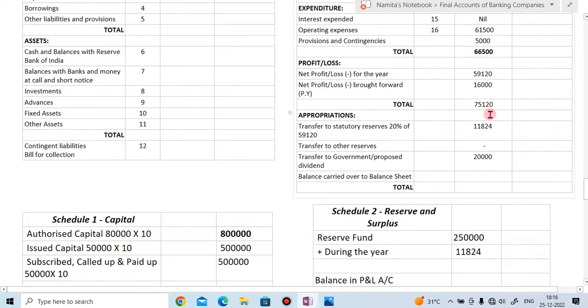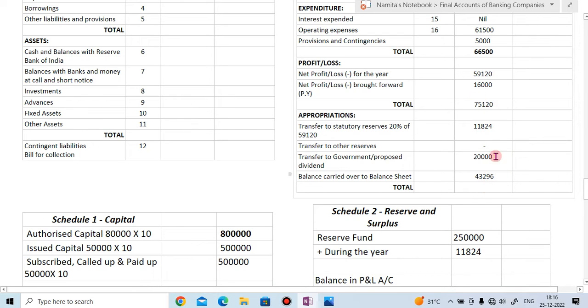So 75,120 minus the 20% of profit and the interim dividend. That means 75,120 minus 11,824, 20,000. The balance will be 43,296. Okay, how did I get this amount? By minusing these 2 from the total of the profit and loss.